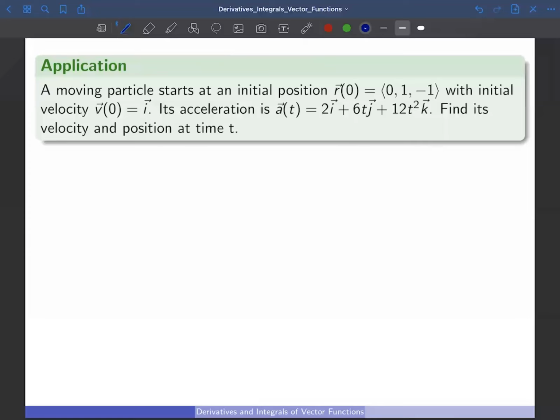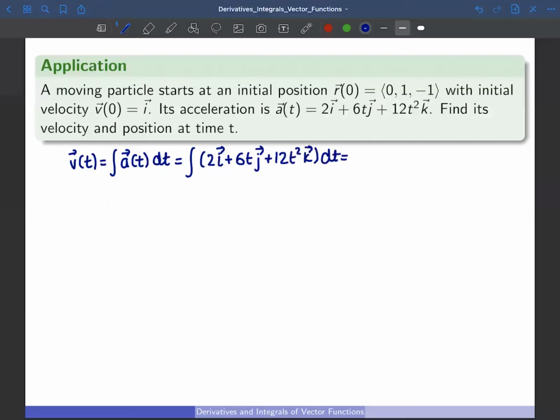Now, since we know the acceleration vector, we can find the velocity vector by taking the integral of the acceleration vector a(t) dt. So that is equal to the integral of 2 times the vector i plus 6t times the vector j plus 12t squared times the vector k times dt.